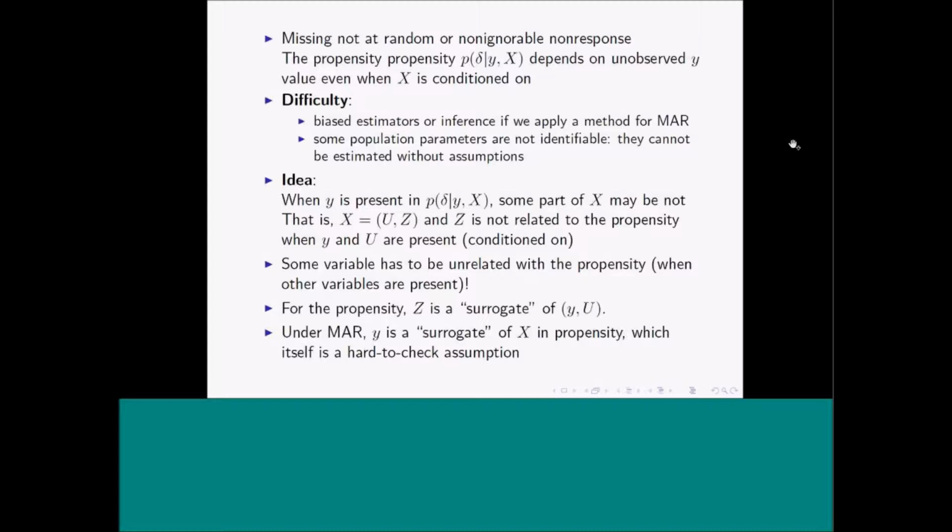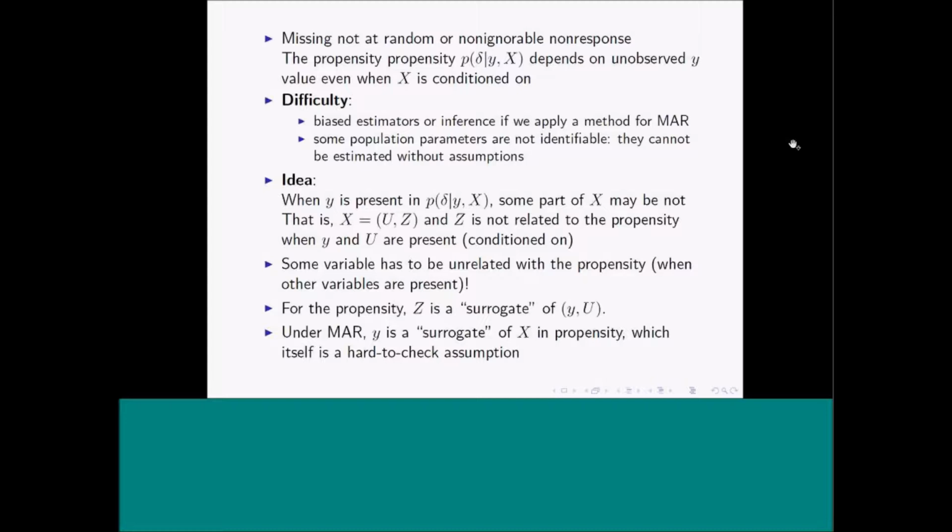So one kind of assumption to identify the propensity and also the model is that we assume that some part of the covariate is not related to the propensity given all the others. So here the notation is that x can be decomposed into two pieces, u and z.